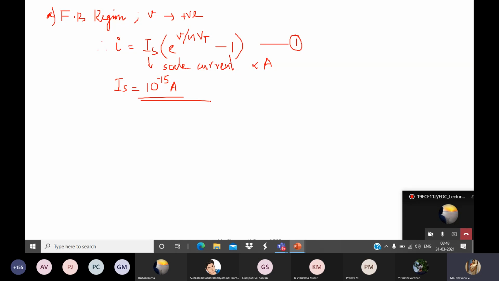The saturation current is ideally 10 power minus 15 amperes. It will be very small compared to the diode current.